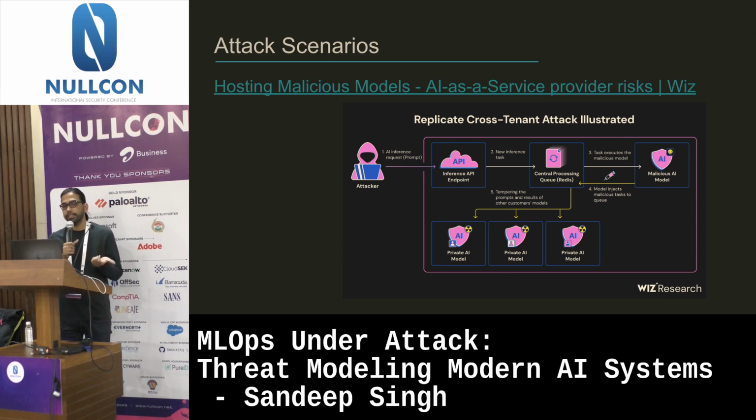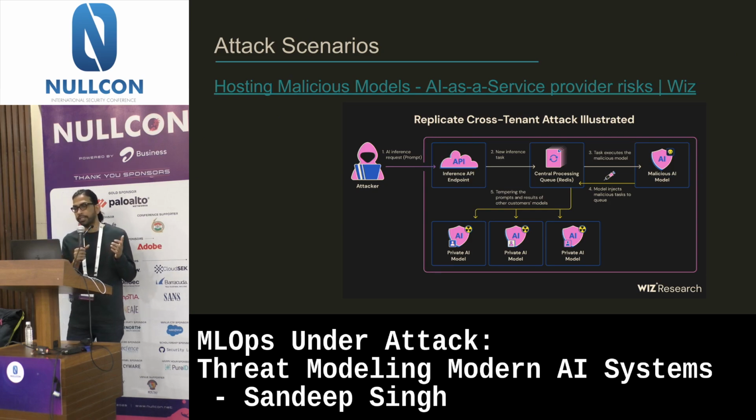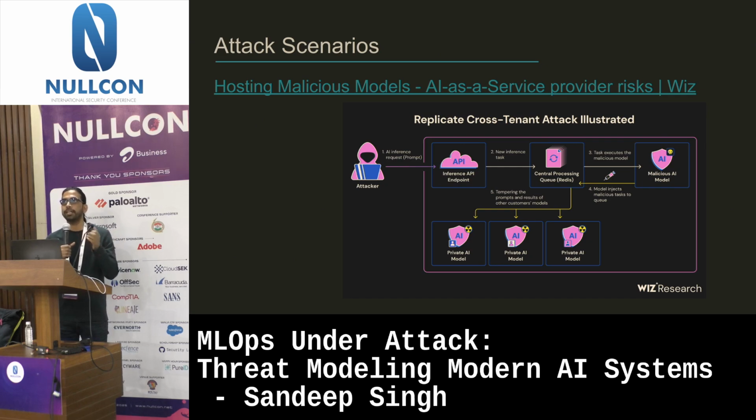This was an inference API attack, where they were able to push a malicious model into their inference-as-a-service offering. And because the tenancy was not separated, they could use that malicious model to escape out of their whole model and access other private models as well within the whole inference-as-a-service that they were offering.